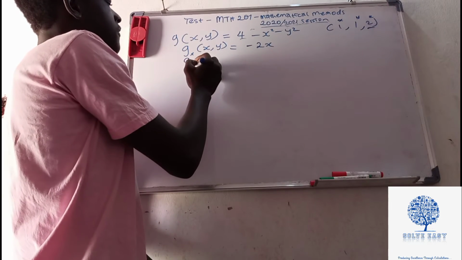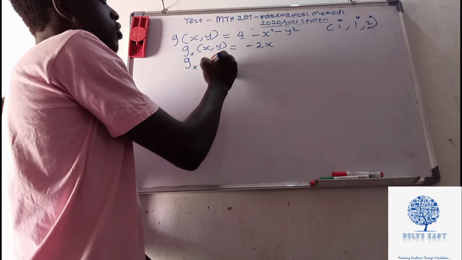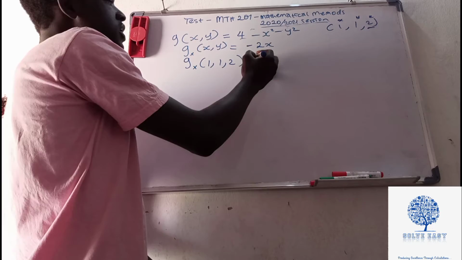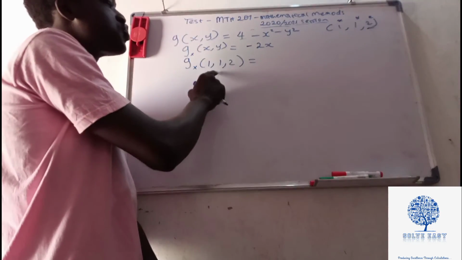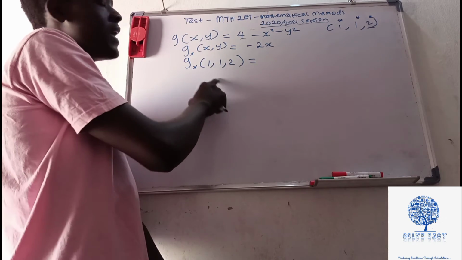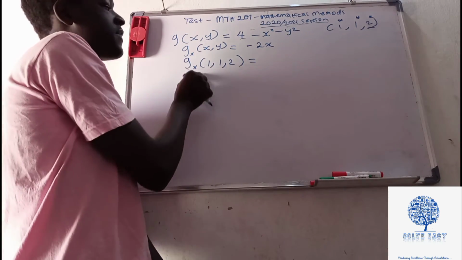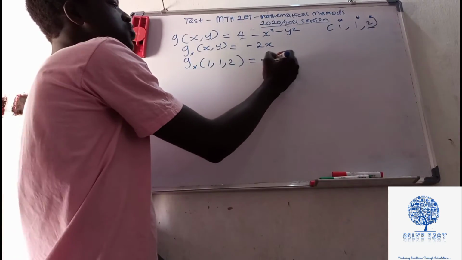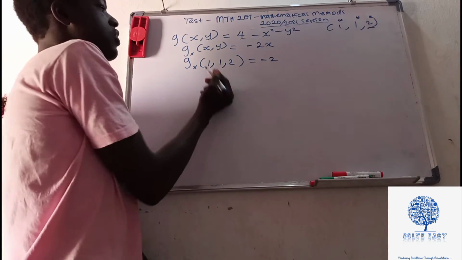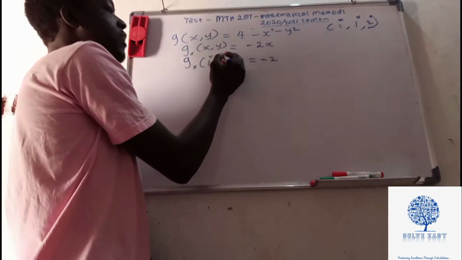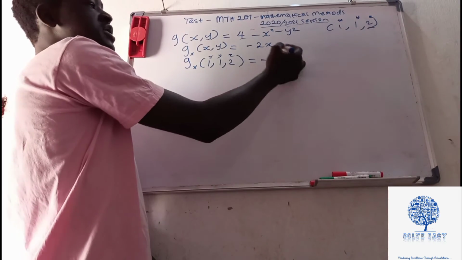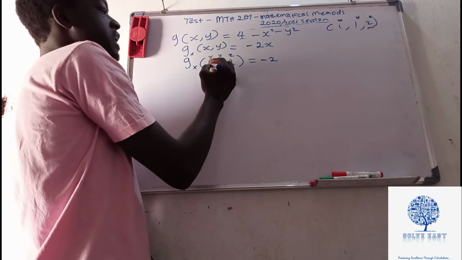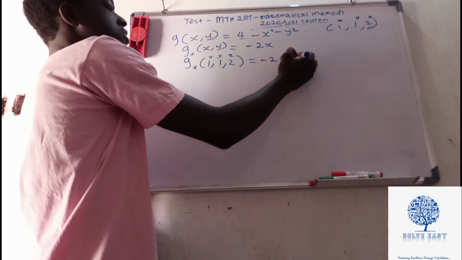Now g_x at (1, 1, 2) is equal to, this means that we should put in our values of x, y, and z after differentiating. Now we had minus 2x as our answer. Looking at this, we only have x. No variable y appears, and no variable z appears. So we only put in our value for x as 1.